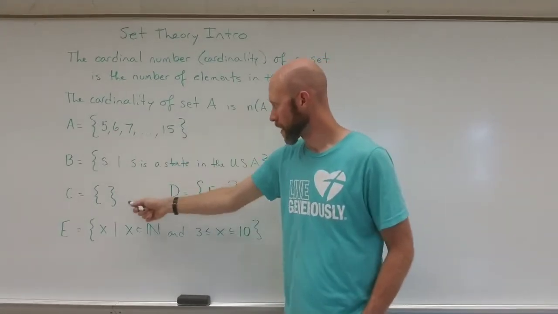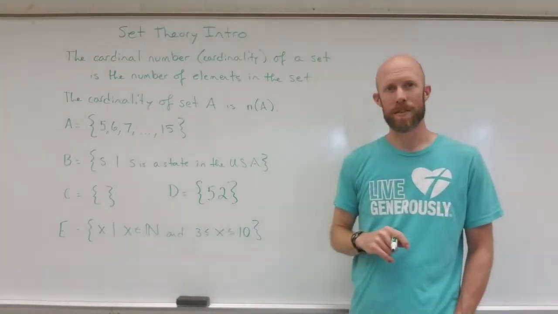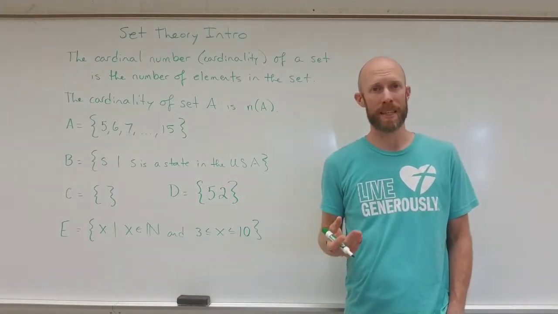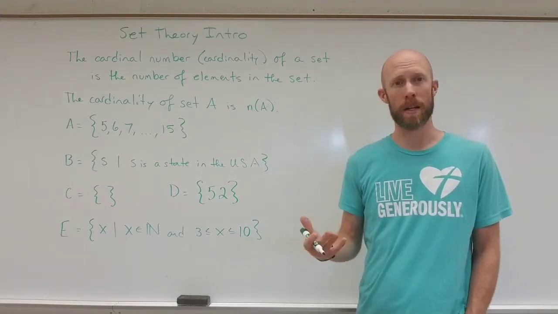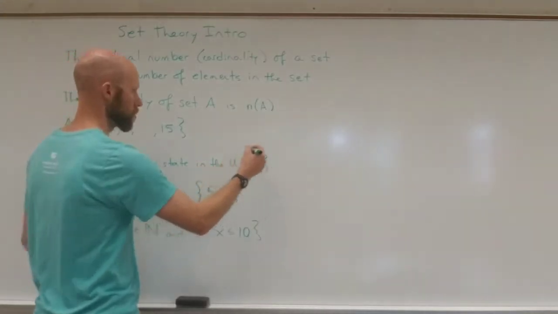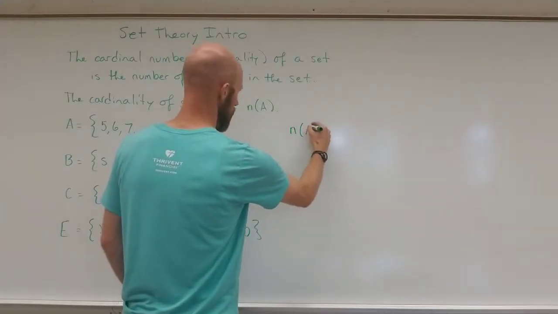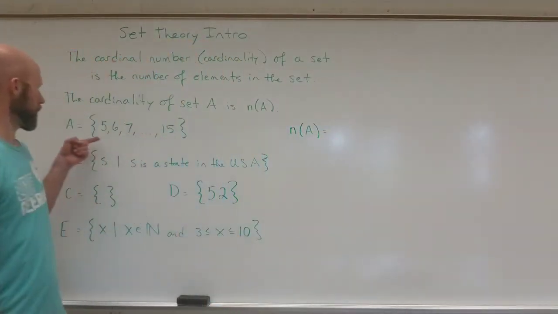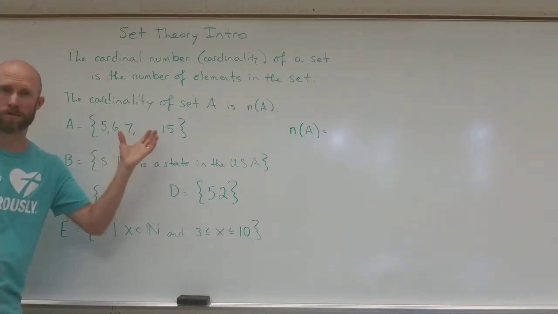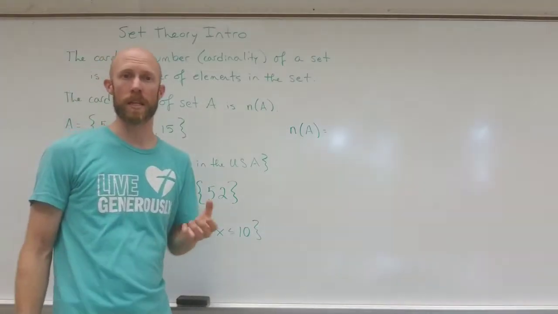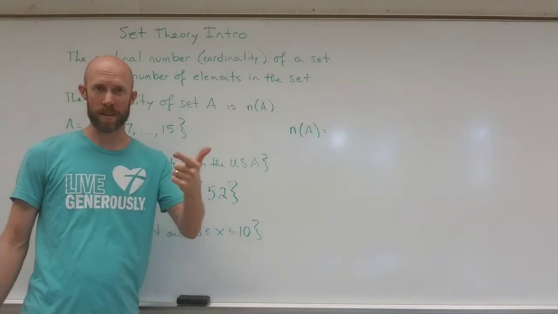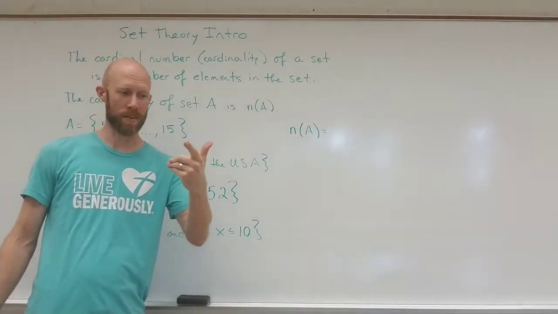And so the cardinal number, if I were to find the cardinal number of each of these 5 sets, you really just count up the number of elements in the set, if possible, or determine the number of elements in the set. Maybe you're not counting them. So we would say the cardinality of A, in this case, the numbers 5, 6, 7, and up to 15, these are natural numbers between 5 and 15 inclusive, is, well, you just count them off. 5, 6, 7, 8, 9, 10, 11, 12, 13, 14, 15.